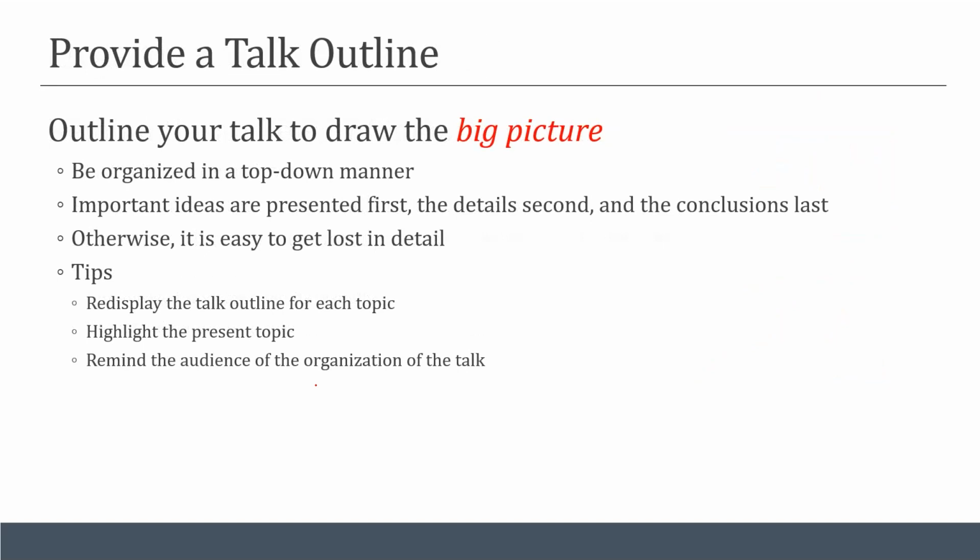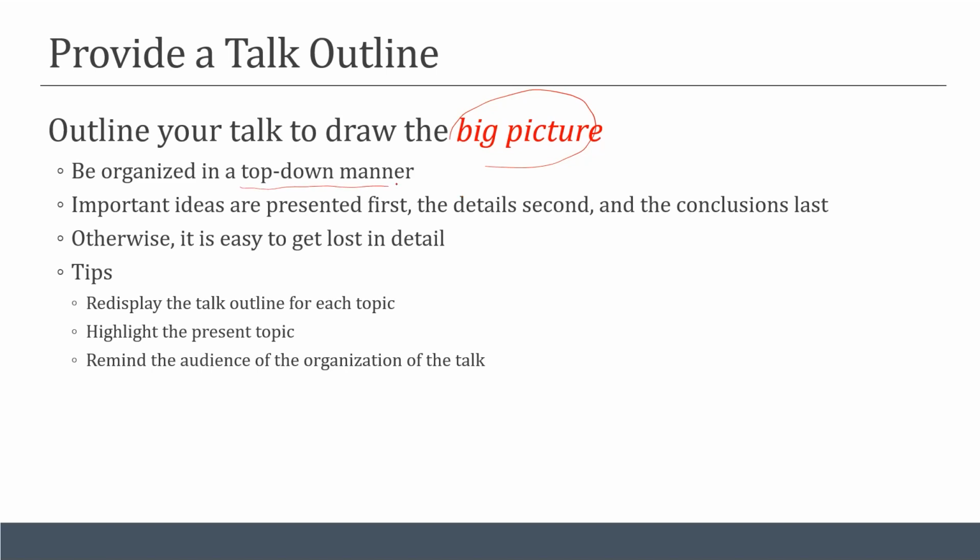Okay, and then you should provide a talk outline. The most important thing is to draw a big picture of your talk. That way you can outline your talk and the audience can get the big picture of the objective of your work. One of the good ways to do this is to organize your story in a top-down manner.